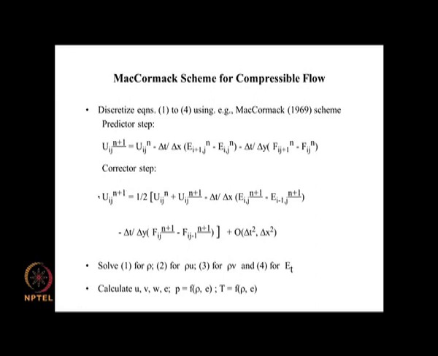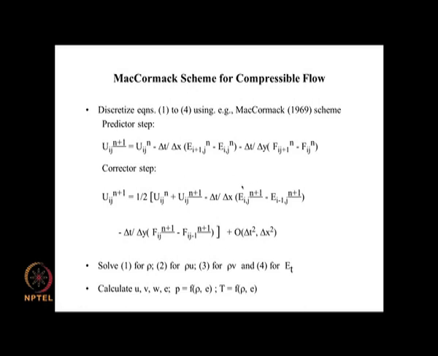Now if you come to the corrector step, uij n plus 1 is expressed in terms of uij n, which is known, and uij n plus 1 bar is already evaluated. And eij n plus 1 is known because you have already evaluated all the u, v, p, w, rho, temperature, all those things.